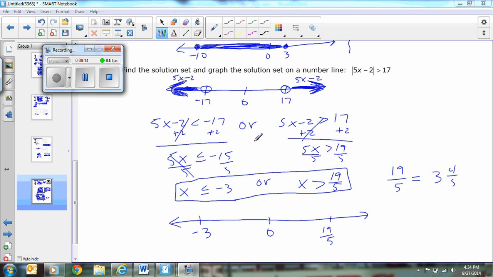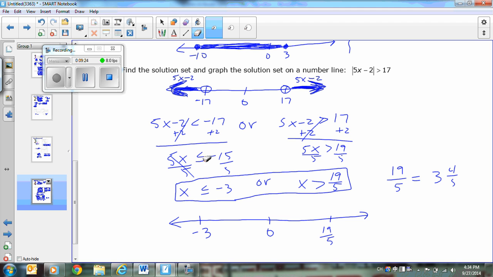All right, so when you solve these two inequalities, your solution set looks like this. X is, whoops, sorry about that, let me fix that. Not less than or equal to, it's strictly less than. All right, x is less than -3, or x is greater than 19/5, which is 3 4/5.